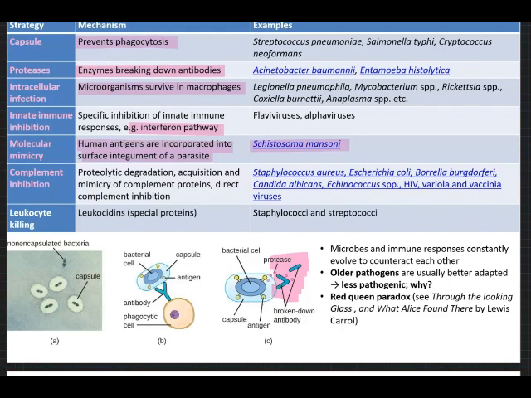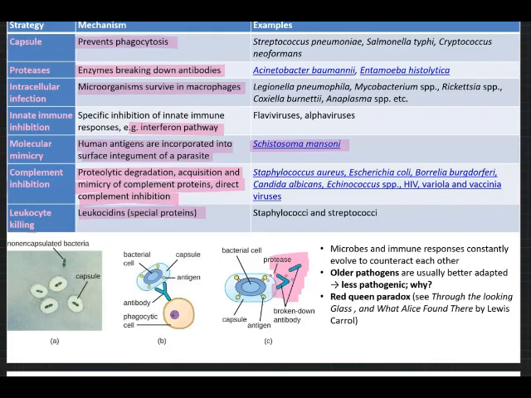I put it in a separate category, complement inhibition. A lot of organisms, particularly bacteria, love to inhibit complement, one of the components of the innate immune response. And finally, very specific mechanisms, killing white blood cells, killing leukocytes. Staphylococci and streptococci produce proteins called leukocidins that can destroy those white blood cells, okay?